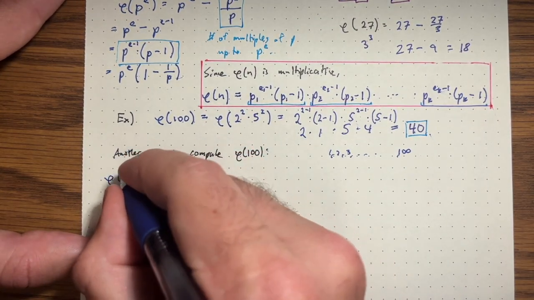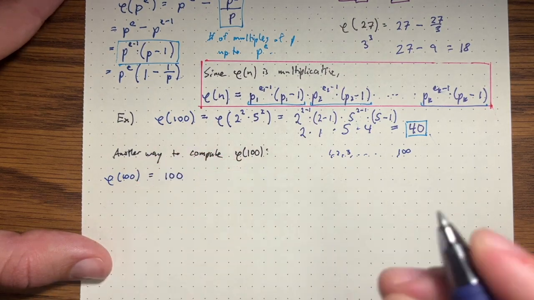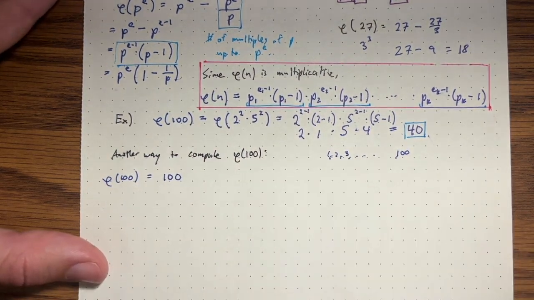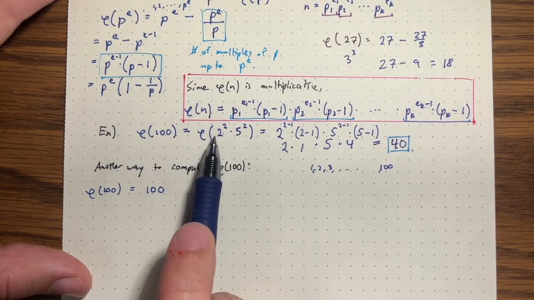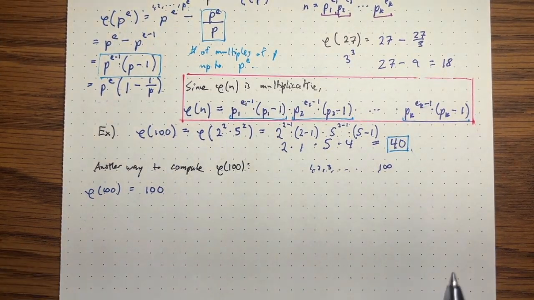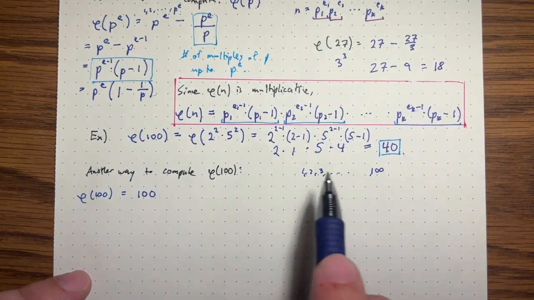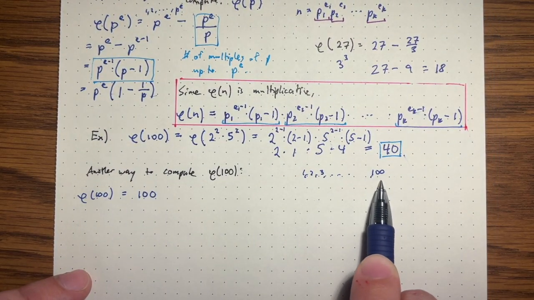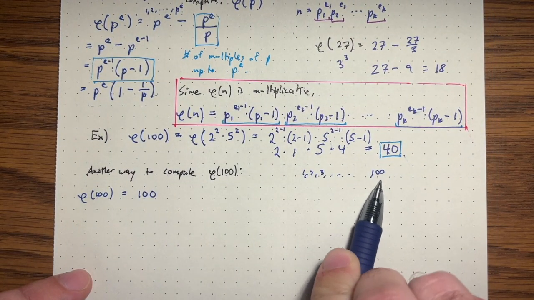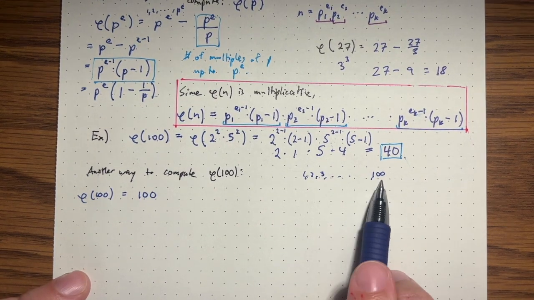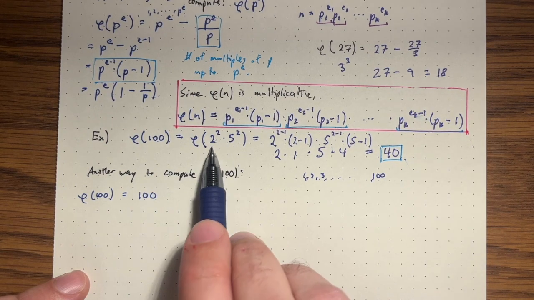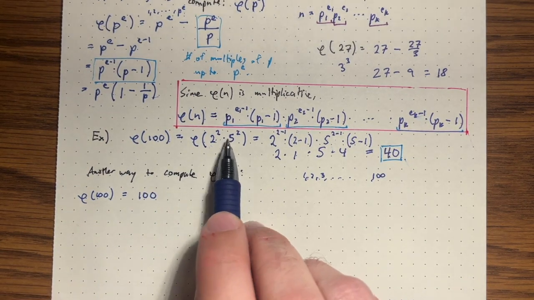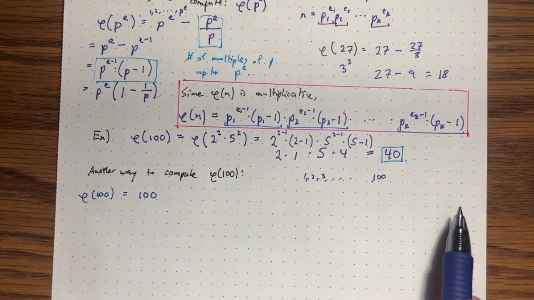So we start with 100, and now I'm going to sieve out the multiples of the various primes that are appearing here. If something shares a factor with 100, it must share a prime factor with 100, so it'll share either a 2 or a 5 with 100. And so I can just cross out the multiples of 2, cross out the multiples of 5.